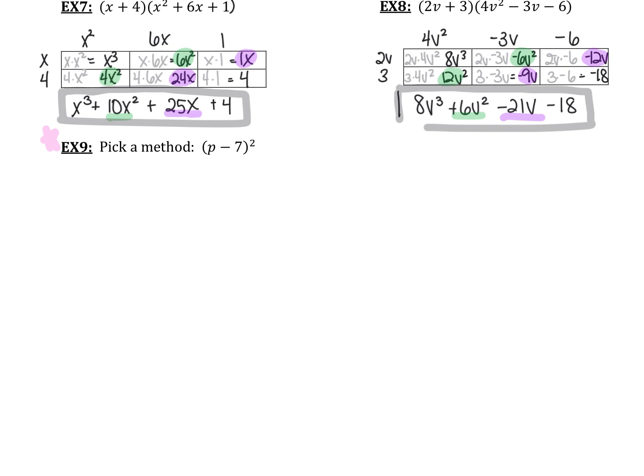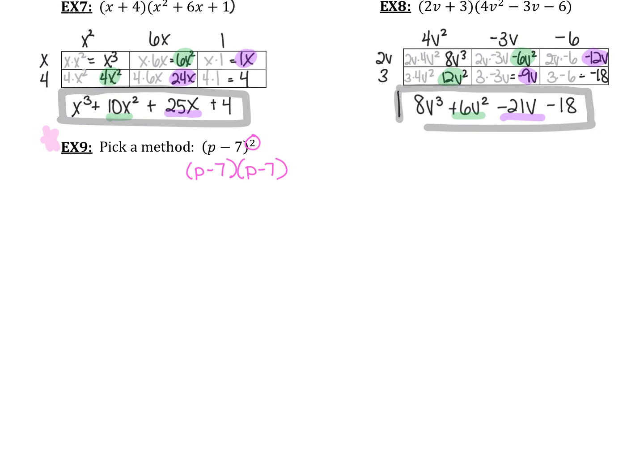Here's why. When I look at this problem, what does it mean to be squared? Remember, when we square something, this simply tells me that I am doing p minus 7 times p minus 7. So I am multiplying a binomial times a binomial.